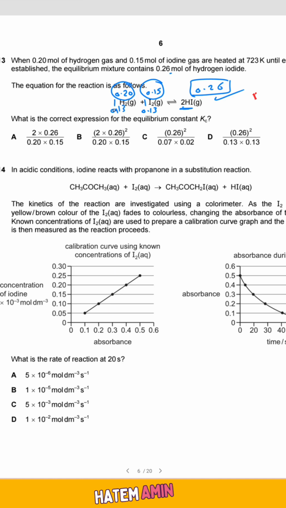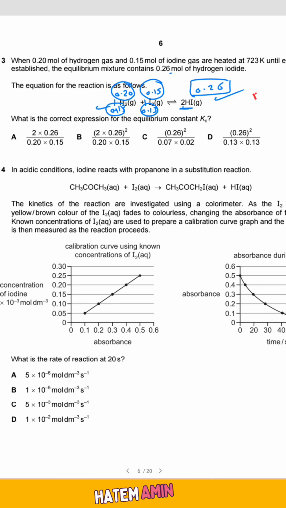Okay, we consumed this amount of hydrogen and this amount of iodine, but we started with how many? 0.20, and here we started with 0.15. So for the remaining amount of hydrogen and iodine, we should subtract 0.13 from the original amount.